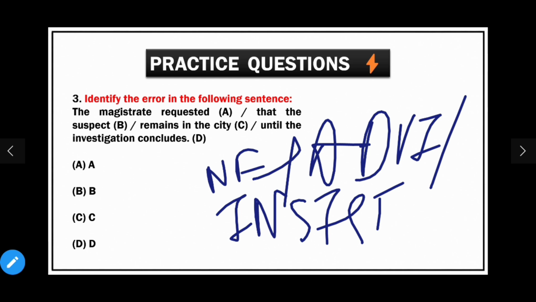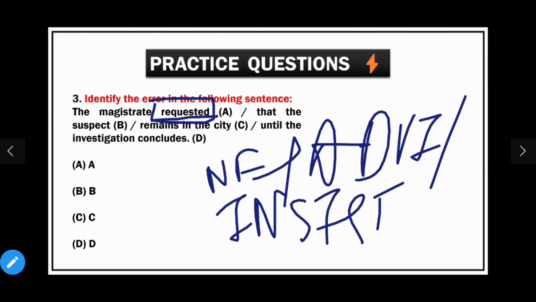In this question we can see "requested," which is part of subjunctive mood, because it's giving you an expression of request for doing something. It's clear now. Next we have to see whether the main verb is written in base form or not: "that the suspect remains in the city until the investigation concludes."